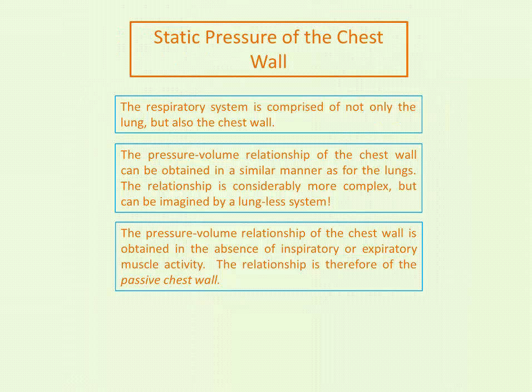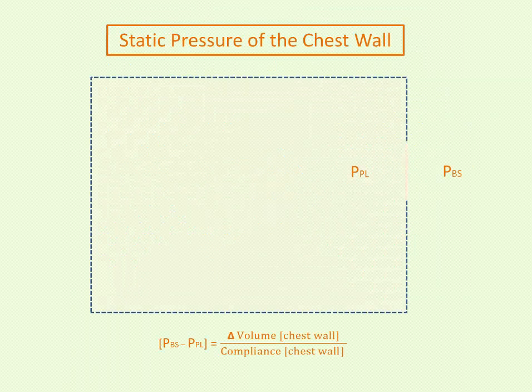Also important when you're considering this diagram is that the pressure-volume relationship of the chest wall is obtained in the absence of any inspiratory or expiratory muscle activity. It's the passive chest wall. So you have to imagine doing this experiment in a paralyzed chest wall. So the muscles of inspiration and expiration have no bearing on this relationship.